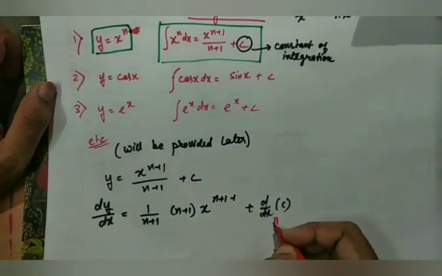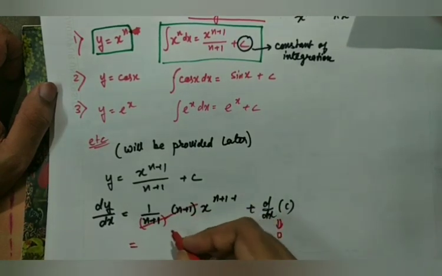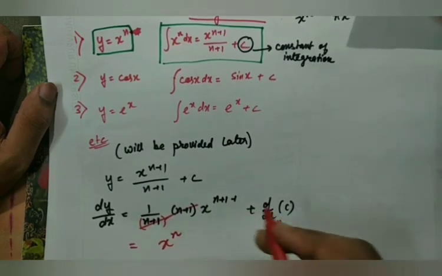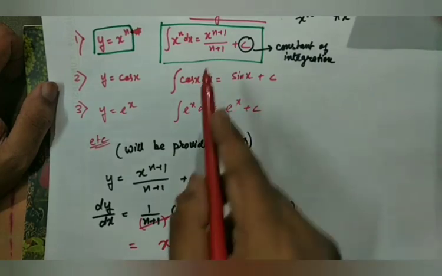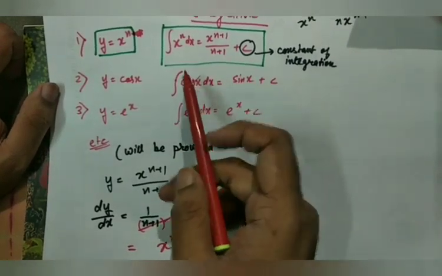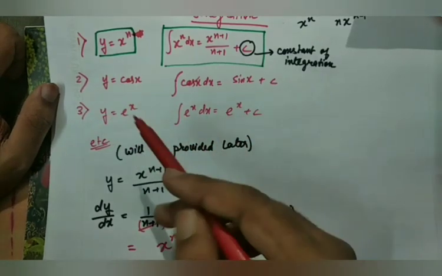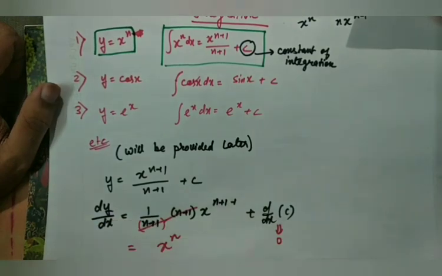So we can cancel out n plus 1 and n plus 1, so it will be x to the power n. Whatever the value of c, whether 1, 2, 3 or 4, it will give the same value. Similarly, we have listed out the other formulae, and the rest of the integration formulae you can find in any standard book, or I will be preparing it later.